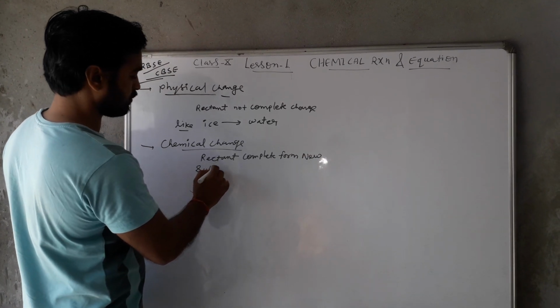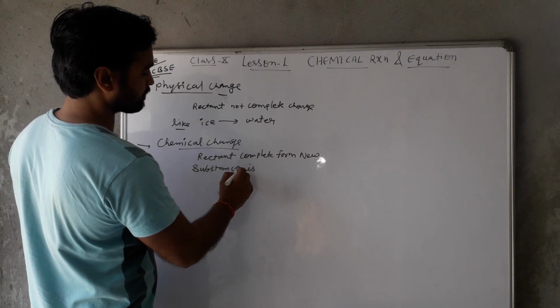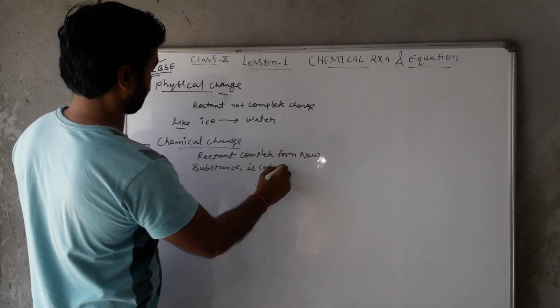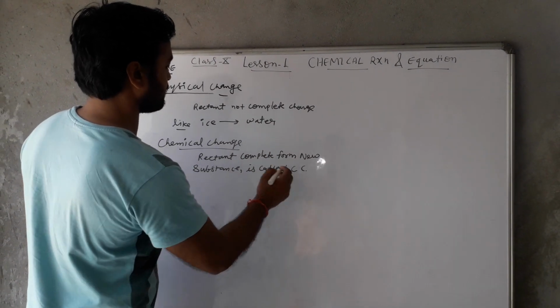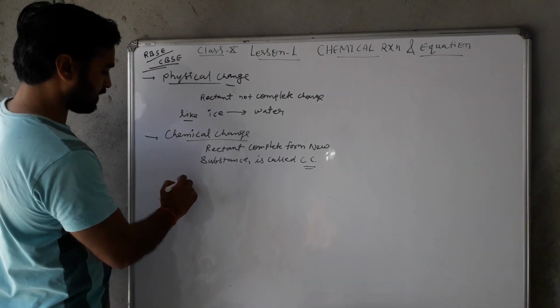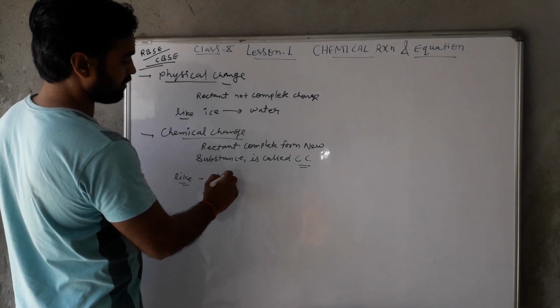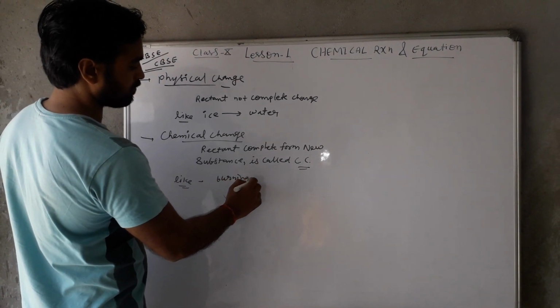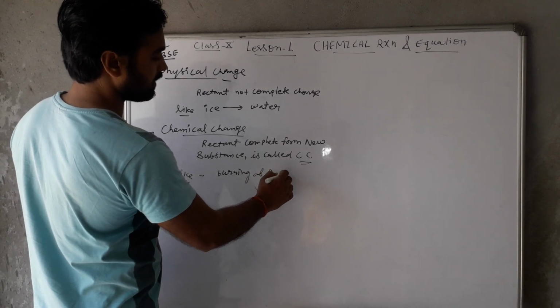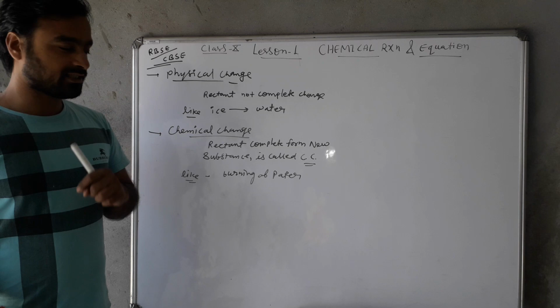A new substance is called chemical change, short CC. Example, like burning of paper. Any substance when burned is called a chemical change.